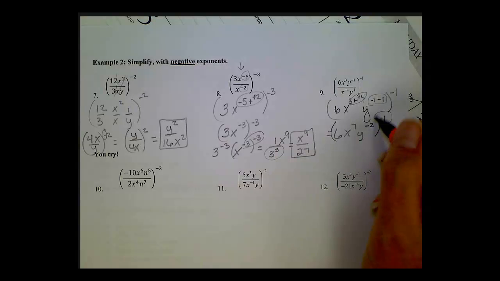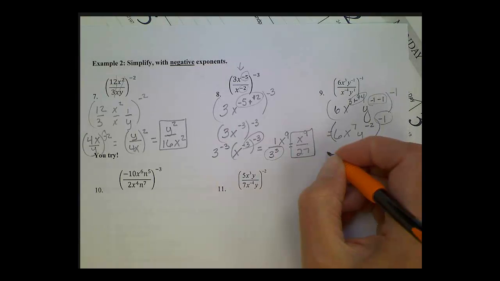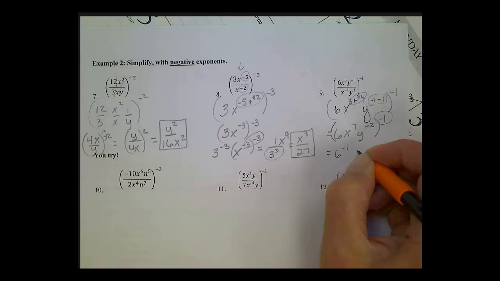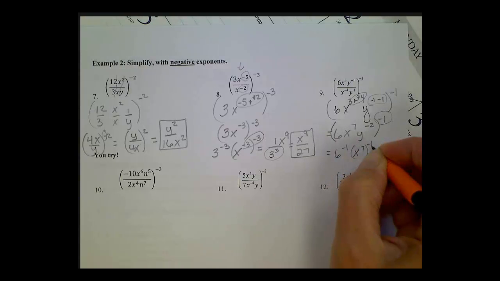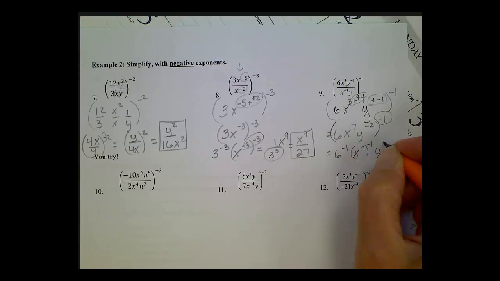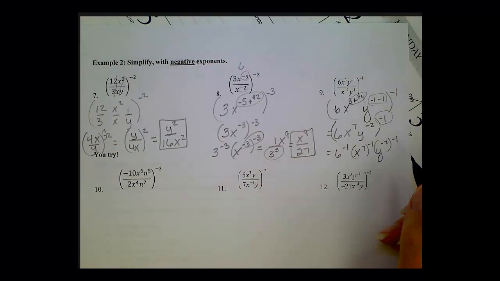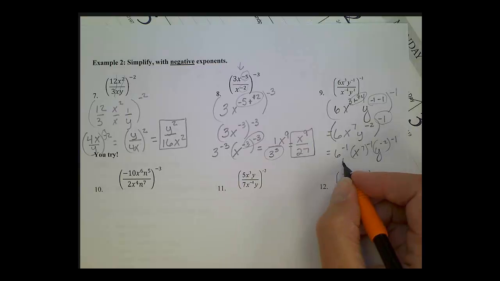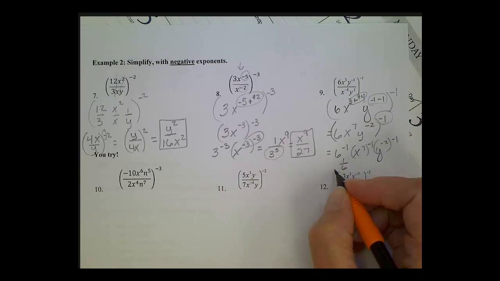Now let's distribute that exponent. So we have 6 to the negative 1, x to the 7th to the negative 1, and y to the negative 2 to the negative 1. Okay, so we can turn this into 1/6, right?